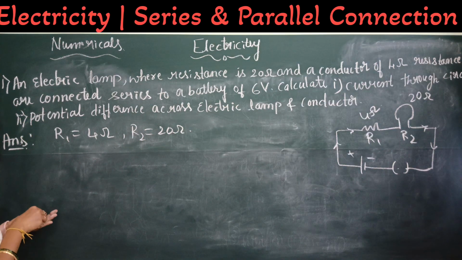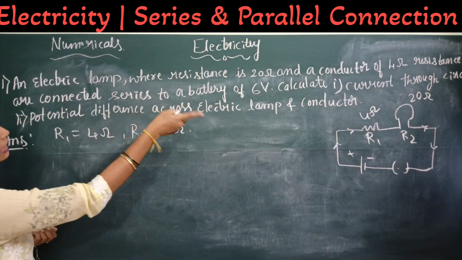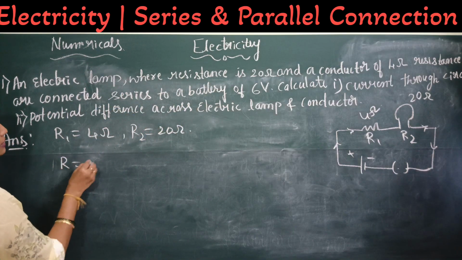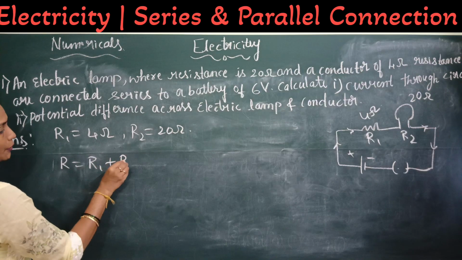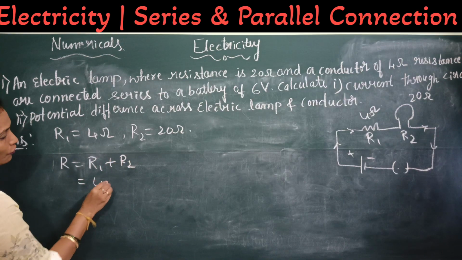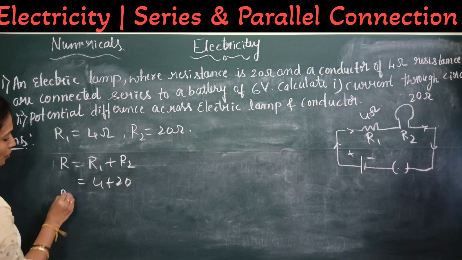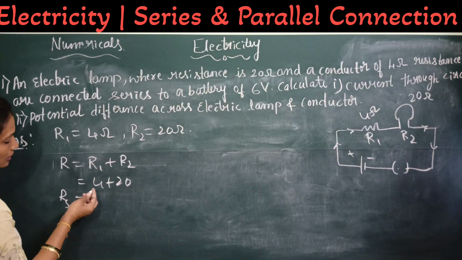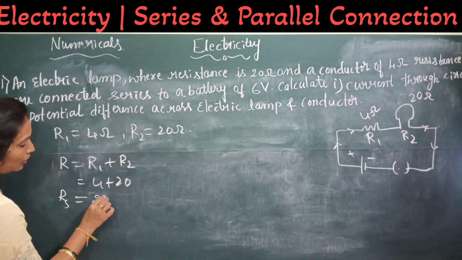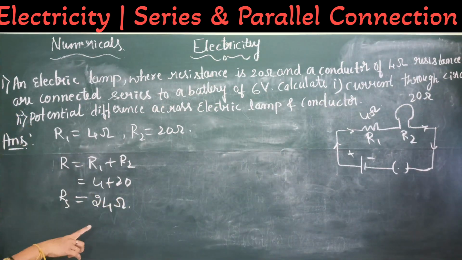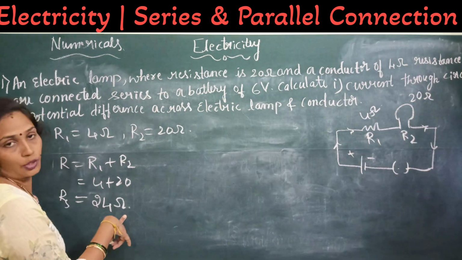Okay, what about R? R is the electric lamp. R1 plus R2, correct? So how much? 4 plus 20. So resistance is how much? 24 ohm. So don't forget to write down the unit, guys.